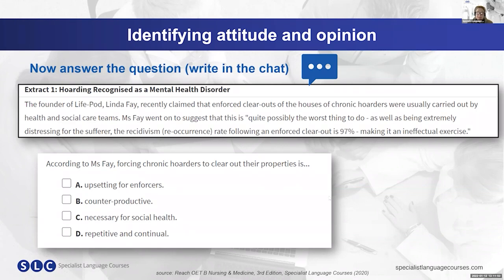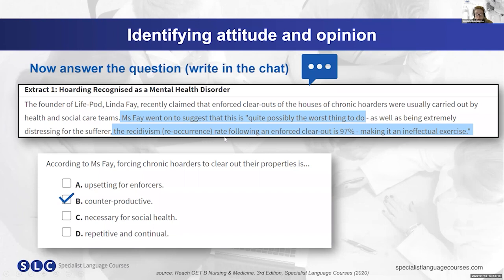You've really got to find the evidence in the text. Don't just choose the answers that you think are correct. Okay, the option is B, counterproductive. And here's the evidence. So Ms. Fay went on to suggest this is quite possibly the worst thing to do. So we know she thinks it's a bad idea. And then she says why.